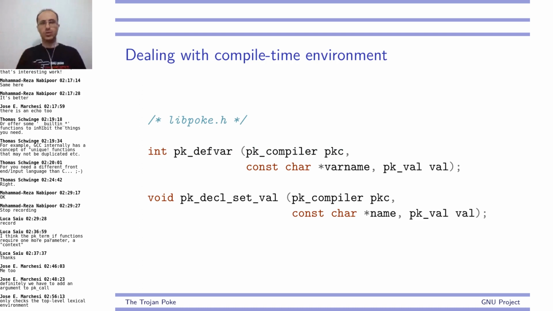Sometimes you want to actually modify the compile time environment, your top-level namespace compile time environment. And here we have def_var, which declares a poke variable with this name and this PK val value.